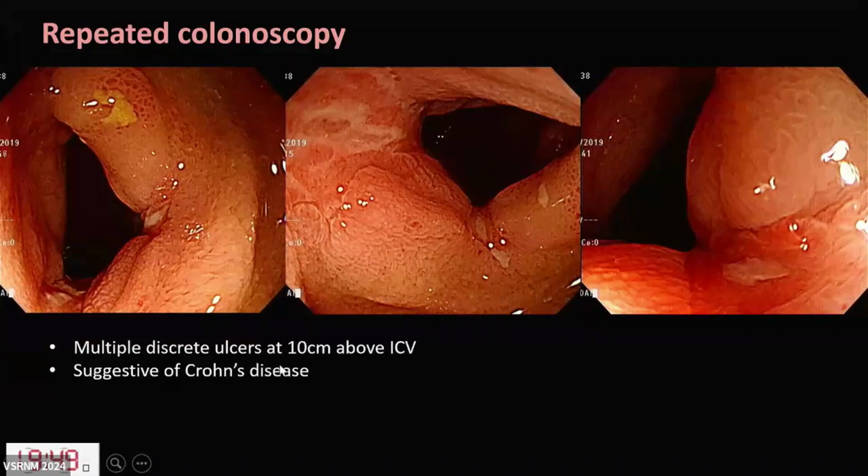This time they inserted more deeply into the terminal ileum, and now they see multiple discrete ulcers. And this is typical for Crohn's disease. And they took biopsies, and the pathology is also consistent with Crohn's disease. So the diagnosis can be made.